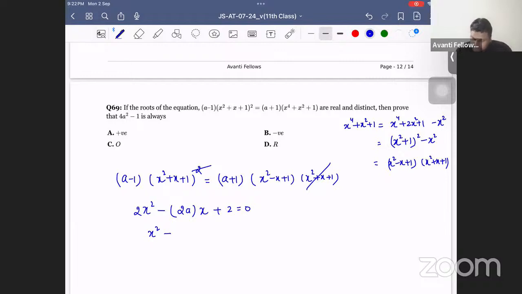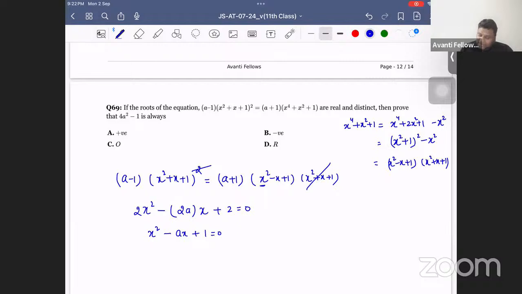With x square we are getting a plus 2x square. With x we are getting a plus 1 plus a minus 1, that is 2ax, plus 2 equals 0. So it is x square plus ax plus 1 equals 0.